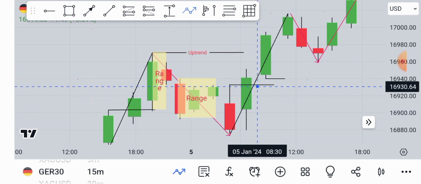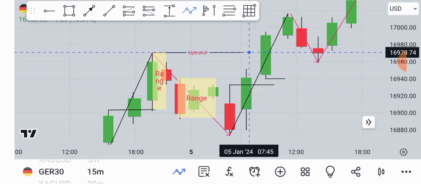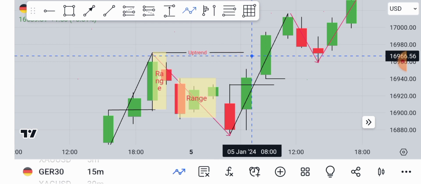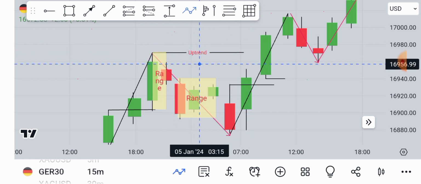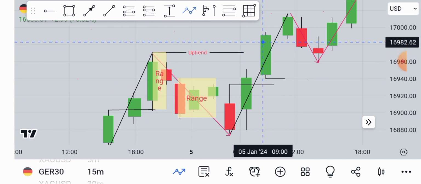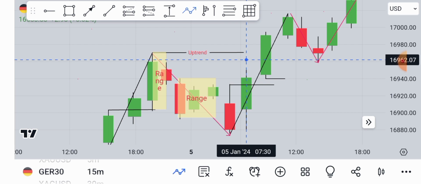Since the imbalance is being created, we took out the high of the impulsive movement to confirm the bullish trend. As you can see, the high of this impulsive movement was taken out, which means we are still in a bullish movement.